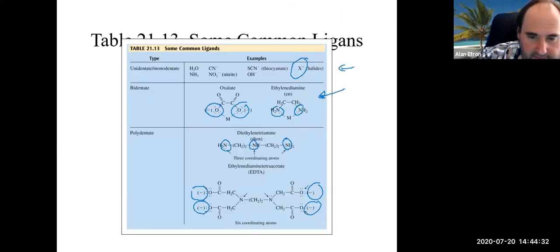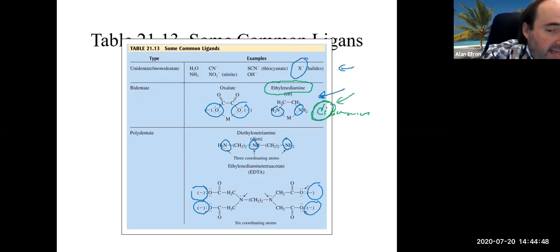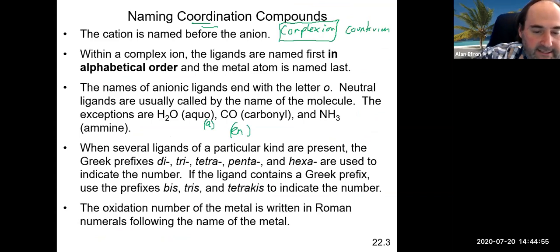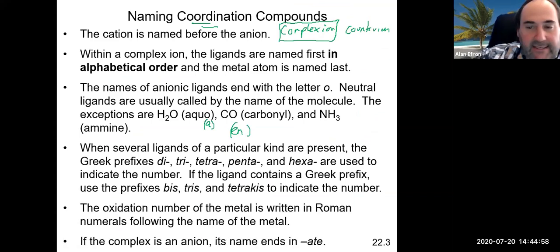If you look at en's actual official name, it is ethylenediamine. So in the actual name of that ligand, there is a Greek prefix built into its official name. If you had more than one of those ligands present, you would not use di to represent that. You would use something like bis because it has that prefix as part of the name. It's kind of a weird one.